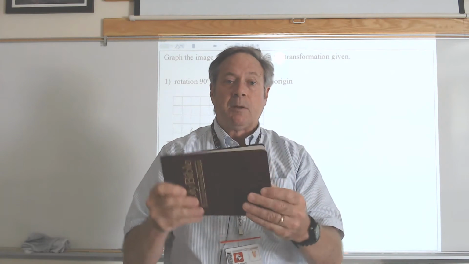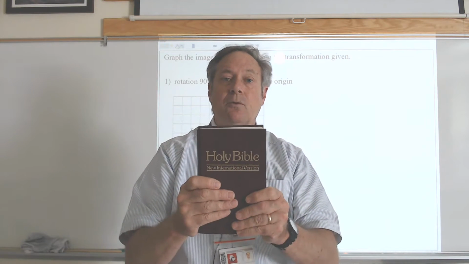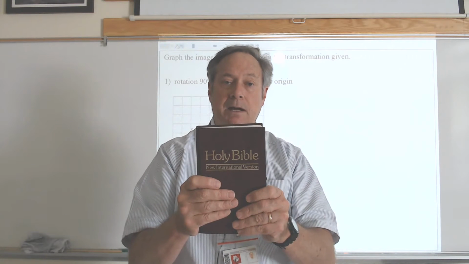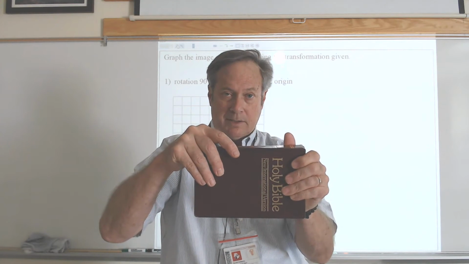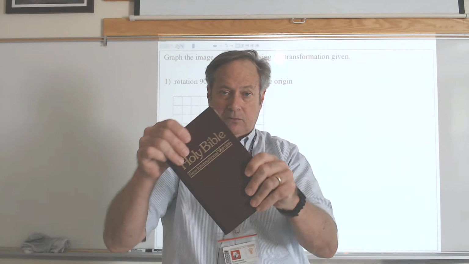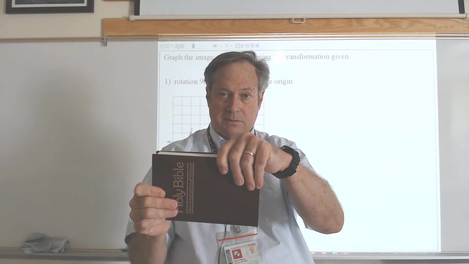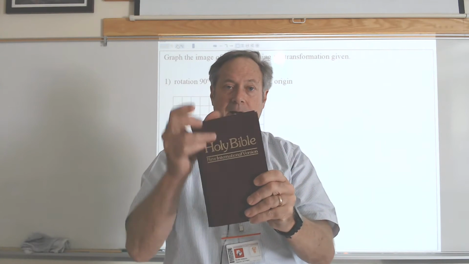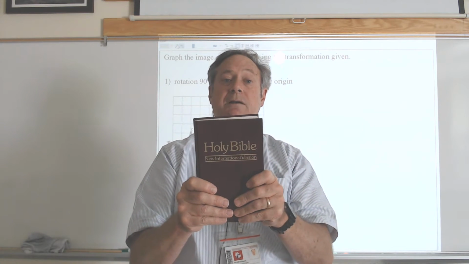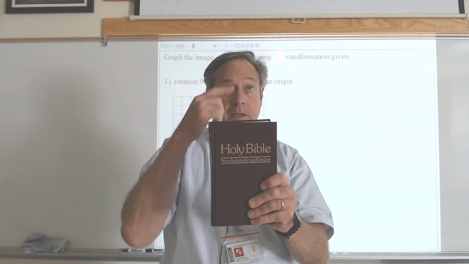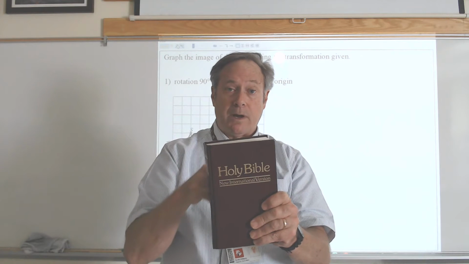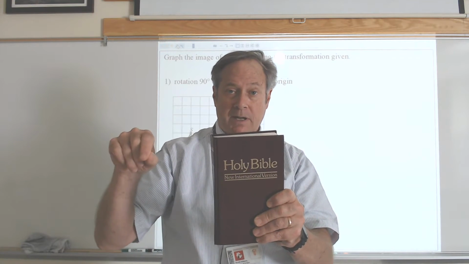All right, but what if I want to go 90 degrees clockwise? That's going to be halfway there, okay? Or 90 degrees counterclockwise, that'll be this way. Now, what if I said I want to go 270 degrees clockwise? Well, think 270 would be 180 plus another 90, right?